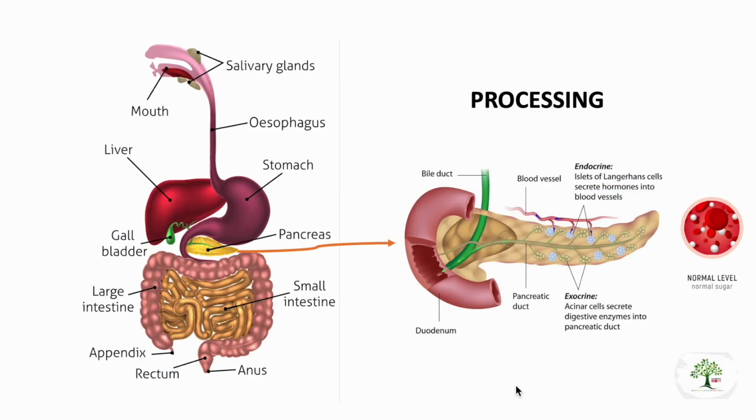Now, once we get the input, our next question is, who is processing this material? The answer is three or four main organs: your liver, your pancreas, and your digestive tract. The food comes into the digestive tract, and when the liver and the pancreas are notified that there is carbohydrate in that food, they kick into action to help you break that food down.